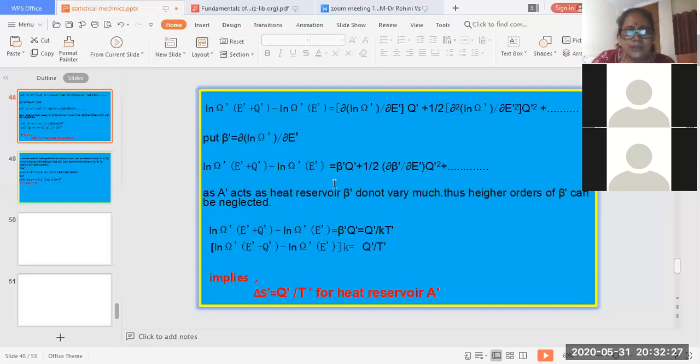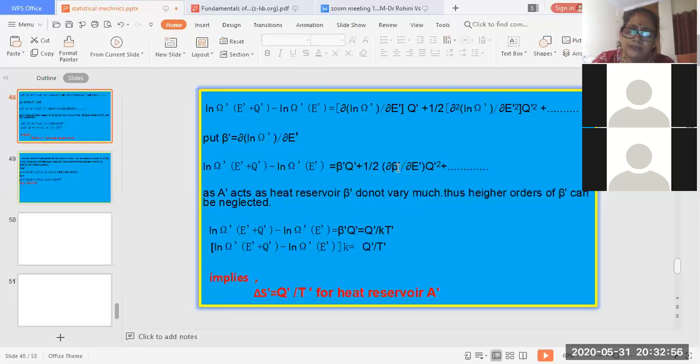Okay. So with that definition, now I can define this whole equation as, you see, left hand side is ln of omega dash bracket E dash plus q dash, I have kept as it is, minus ln of omega dash E dash. Okay, this is equal to, you see here, this whole factor I am neglecting. Why am I neglecting? Beta is almost constant.